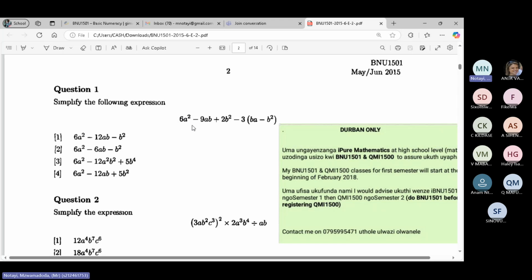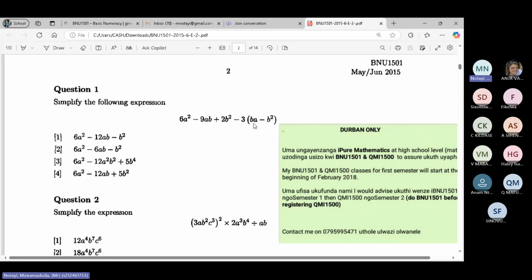Okay, 6a squared minus 9ab plus 2b squared minus 3 into ba minus b squared. So remember, the first thing, you start at the bracket, break the bracket down. But inside the bracket, there's a rearrangement of variables that has to be done.